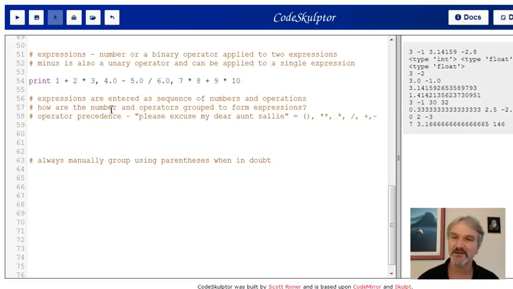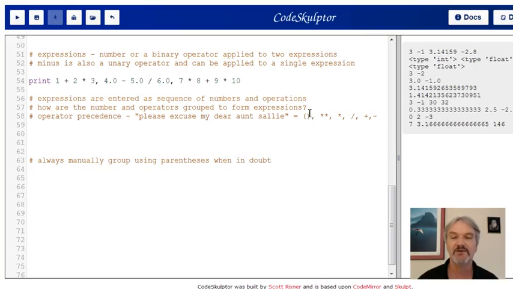It turns out there's this notion of precedence, and you probably studied this in middle school algebra. And in fact, you probably learned a mnemonic at one point, maybe you remember, which was, please excuse my dear Aunt Sally. So the first letter of each word in that phrase gives us the order in which we should do operations when we're taking this linear version of an expression and thinking about it in terms of this recursive definition.